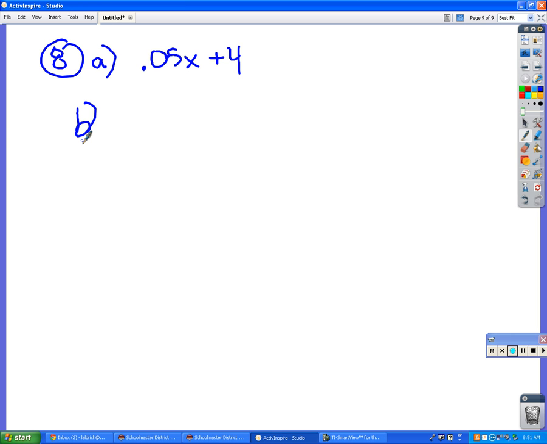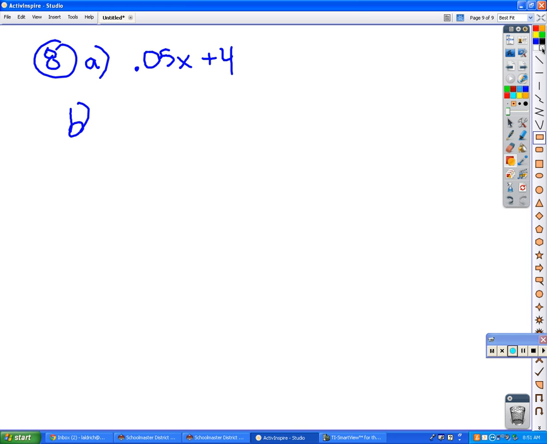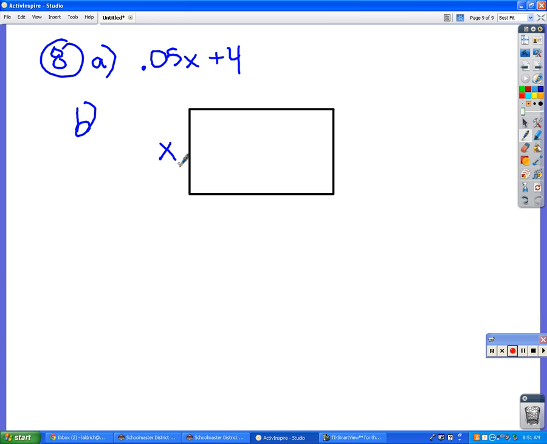All right, the area of a rectangle whose base is 3 times more than its width. The width is x, the base is 3x. Length and width, or base and height, whatever. So now what's the area? Area equals 3x times x.